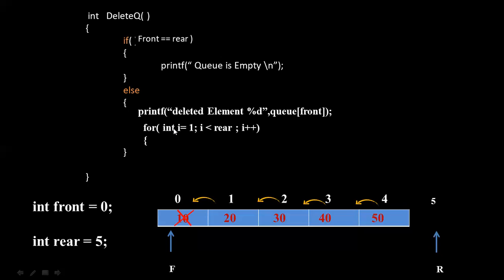So how we shift? Simply the q of i value will be stored into the q of i minus 1. After that, we need to do rear minus minus. So this is the logic for deletion.